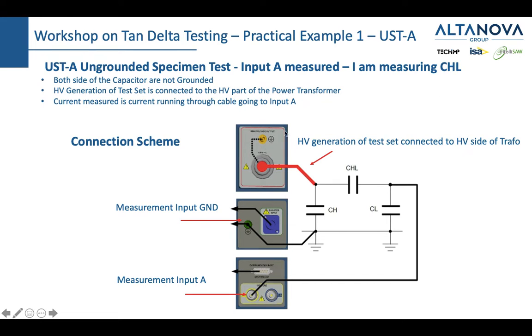Because it's a UST, both sides of the capacitor are not grounded. High voltage generation of the test set is connected to the high voltage winding of the transformer, and we are measuring current from here, and it is connected to input A.